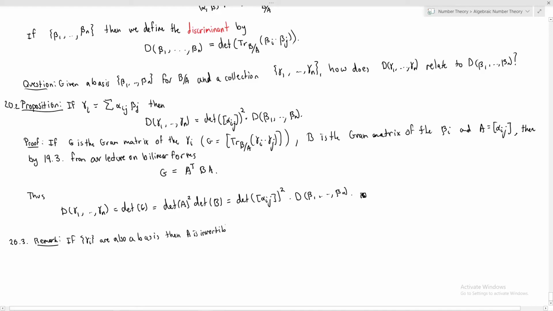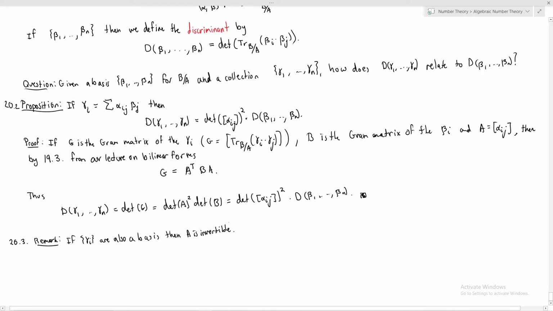Basically, just to remind you of why this is true, A is the change of basis matrix from the beta i's to the gamma i's. We also can make a change of basis matrix, if gamma are our basis, from the gamma i's to the beta i's, and that will be the inverse of A.